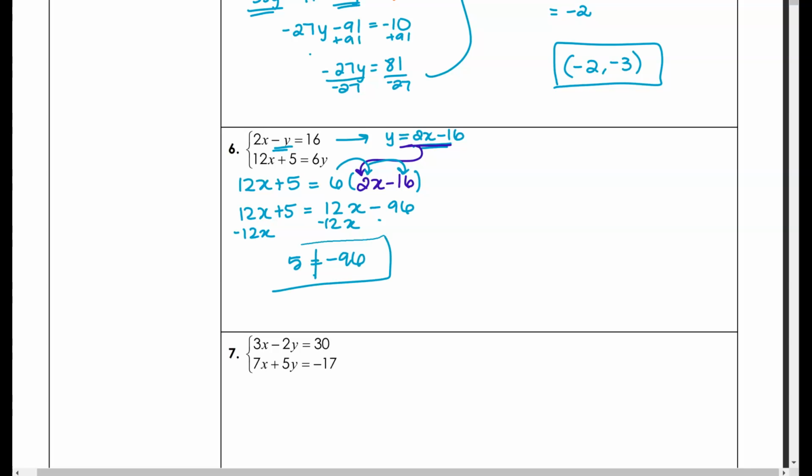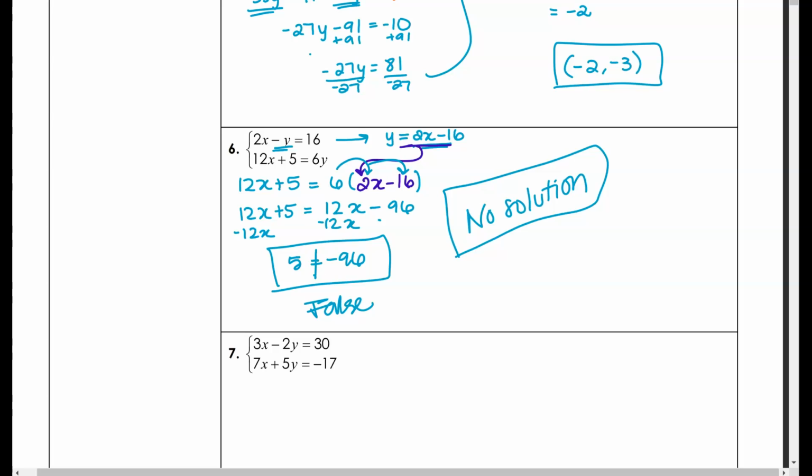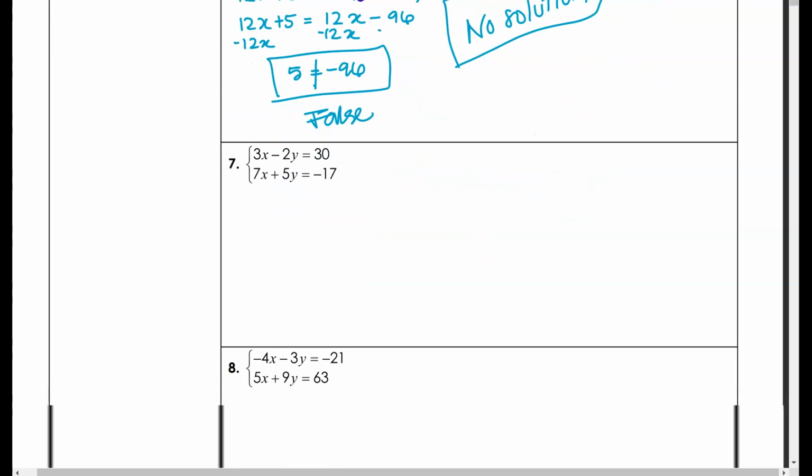But that's not true. That's a false statement. So because it's false, I hope you come to the conclusion that we would end up with no solution. So in this particular case, we have no solution. There are no two values that would satisfy both of these equations.